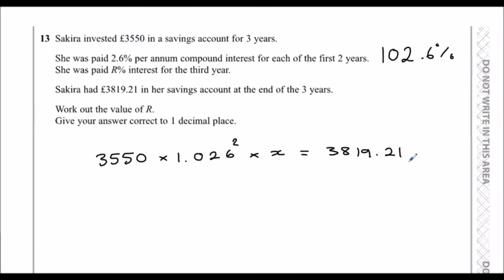£3,819.21. So if we divide both sides by 3,550 times 1.026 squared, that will tell us what x is. So £3,819.21 divided by 3,550 times 1.026 squared. That will be our multiplier.